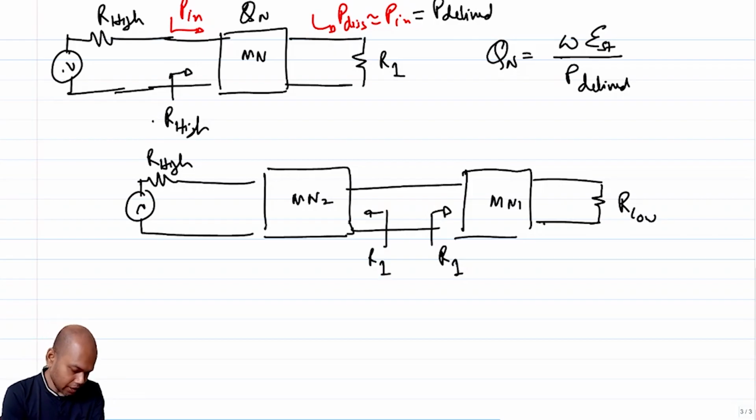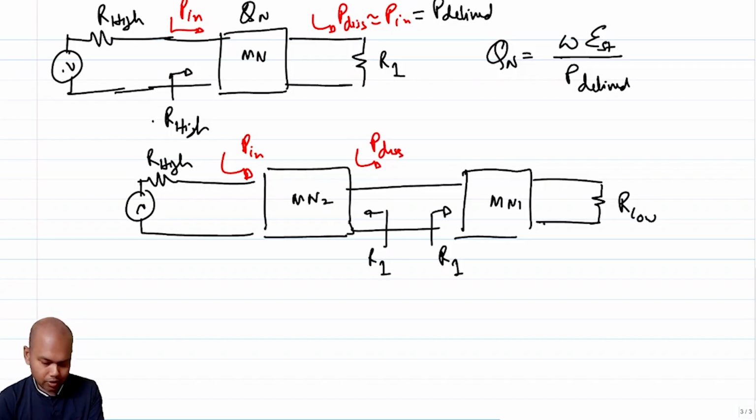Now the power that is getting delivered, that is power in, is approximately equal to the power in that is coming here, right? This is power in for matching network 1, and this is power dissipated for network 2, correct?